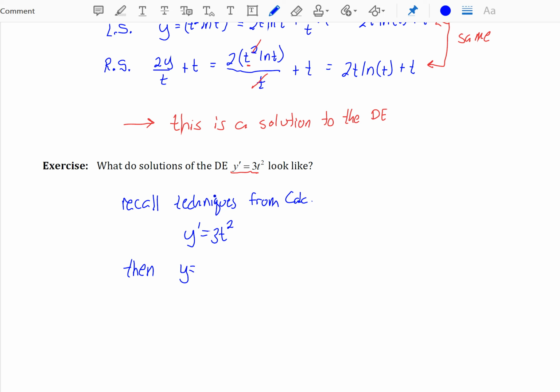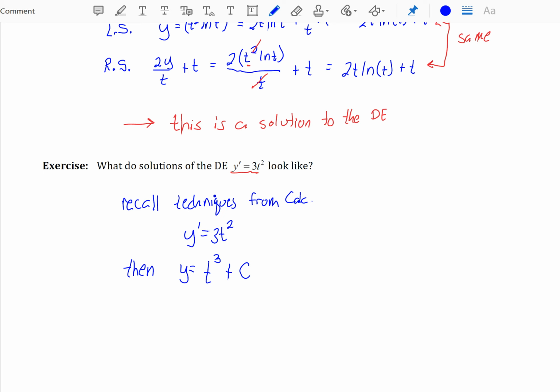And from what we know from Calc 1 and Calc 2, we recognize that an antiderivative would have to be t cubed. However, this is not the only antiderivative. In general, we could add any constant, and this would also be an antiderivative. Remember, this is referred to as a family of antiderivatives.